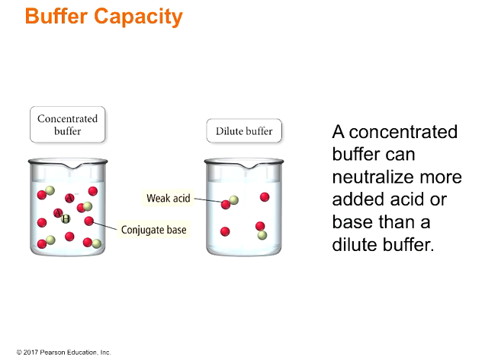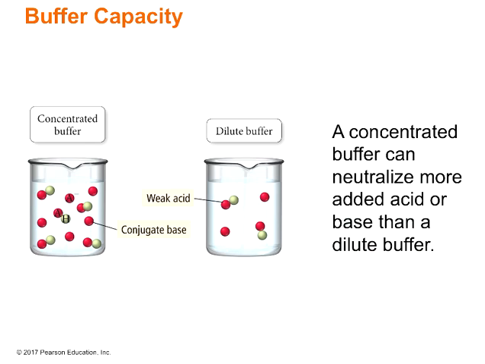And here's a visual where we're showing a concentrated buffer on the left and a dilute buffer on the right. So you can see that in the left-hand beaker, we have a more concentrated buffer. So that means that we have more weak acid and its conjugate base, which can neutralize any added acid or base pretty well.